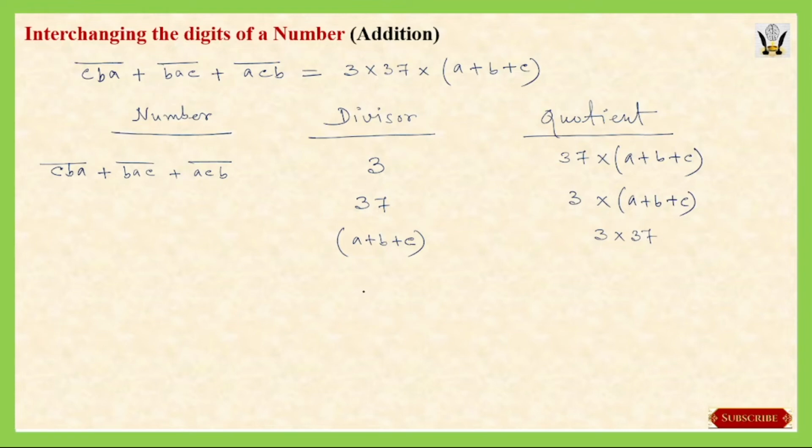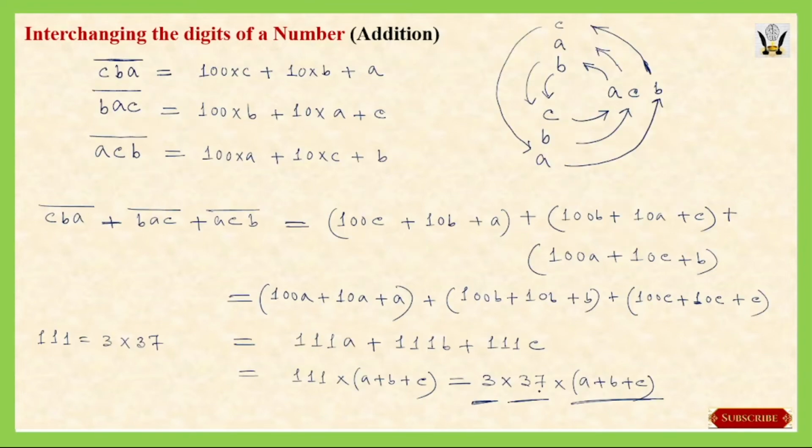Now suppose we divide this by 111, then what will be the quotient? That is also easy, because we have already seen that this 3 multiplied by 37 actually came from 111.